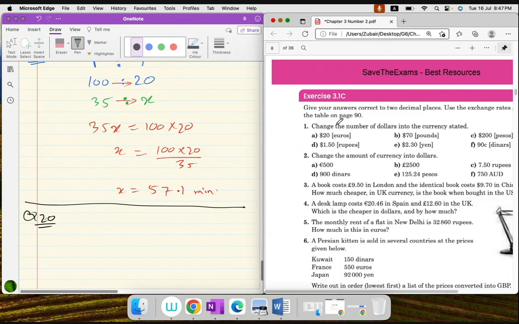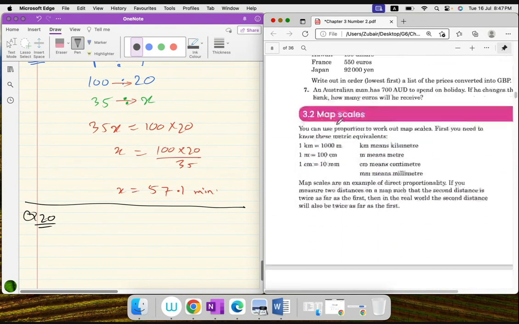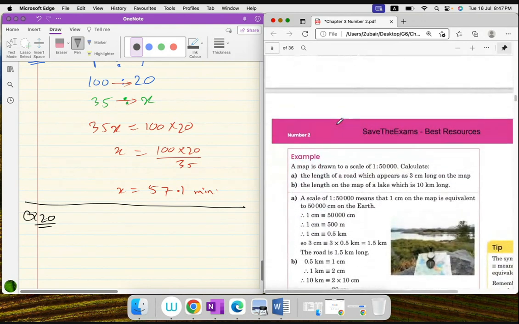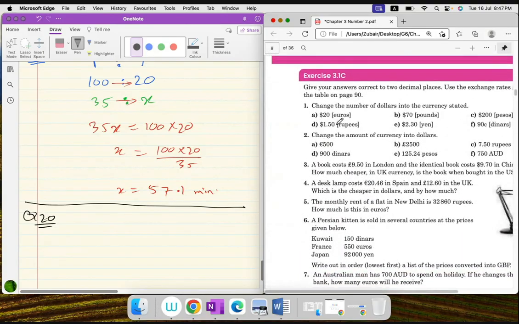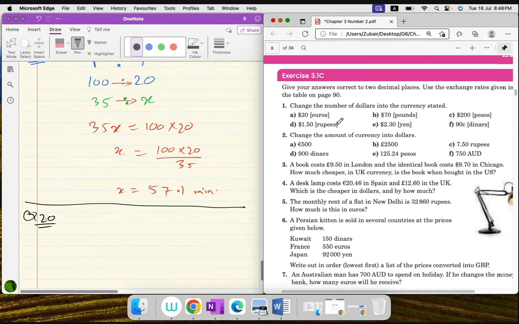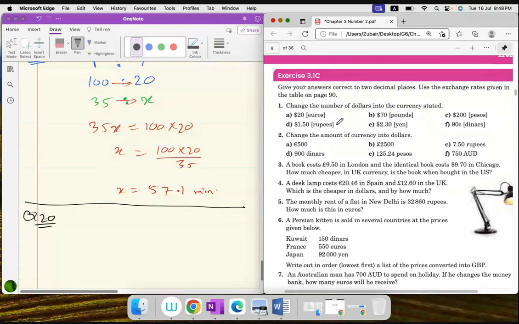Give your answer correctly to decimal places, using the exchange rates in the table on page 90. It's not there, but in the exam it will be. It will be given right in the question that this is the exchange rate, and we'll be using that.